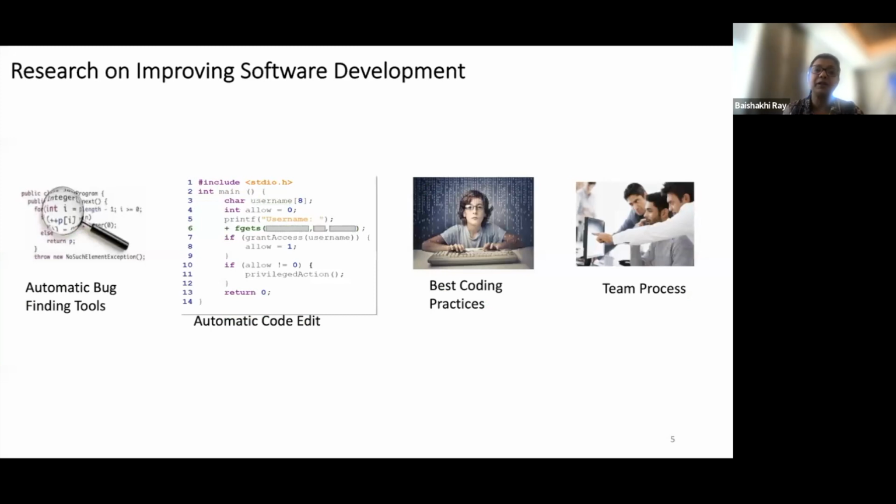For example, we know a lot of static and dynamic analysis tools that can automatically find bugs. We also know from industry and academia there are a lot of tools, and currently, probably most of us use this GitHub Copilot kind of tool which can automatically edit code and generate code.